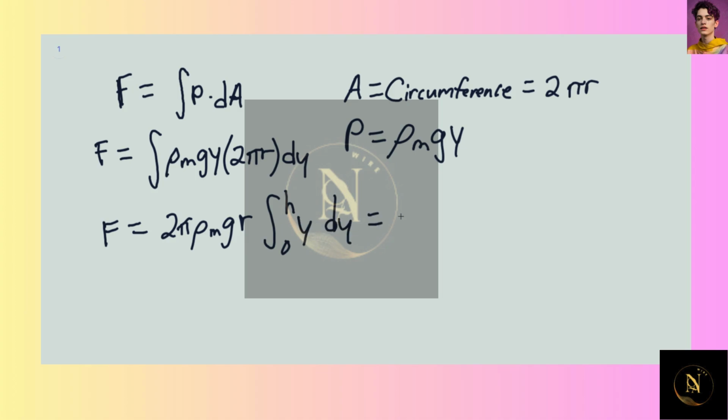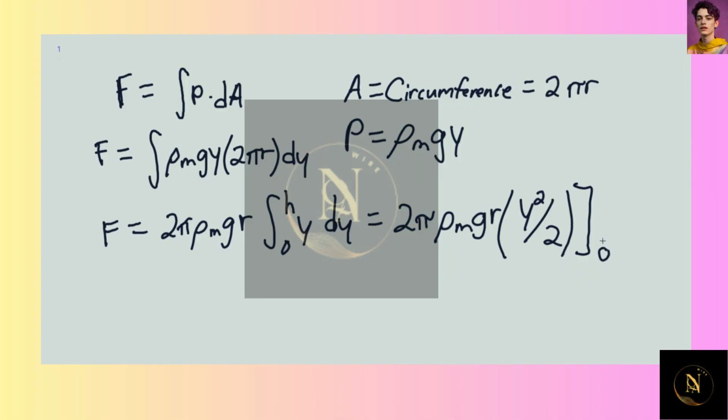We know that this is going to equal 2 pi times the density of molasses, the acceleration due to gravity, the radius of the cylinder, and then y squared over 2 evaluated at 0 and h, where h equals 17.7 meters, or the full height of the cylinder.